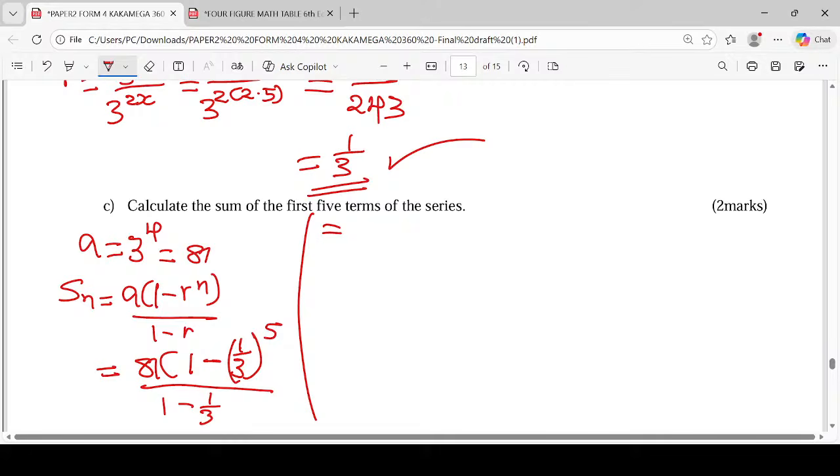When I take a third raised to power 5, then 1 minus that value times 81, I'm getting 80.6667 divided by 2 over 3.